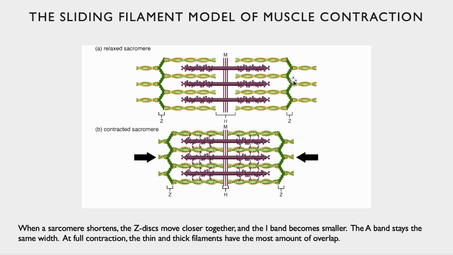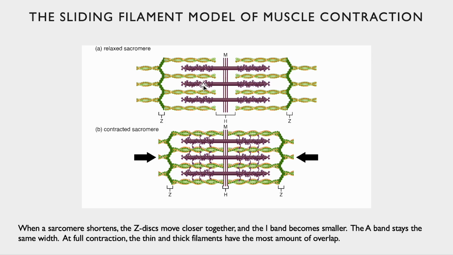On the top part here, you can see the sarcomere, how it appears when it's relaxed. Notice the separation between the two Z lines, and compare that to the appearance of the sarcomere when the muscle contracts, the contracted sarcomere. Notice that the two Z lines come closer together, and that happens because of the interaction between actin and myosin.